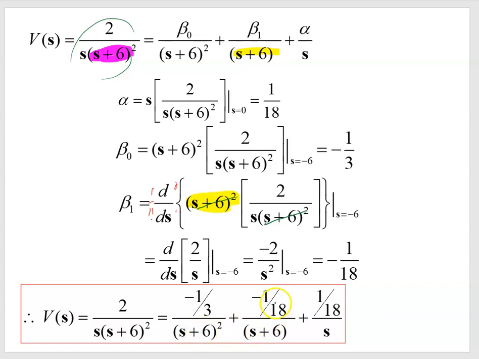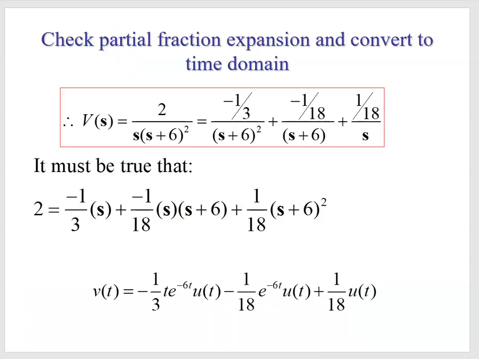Here we have just a unit step function multiplied by e to the negative 6t, and here we just have a unit step function. You should watch these videos with your Laplace transform table so you get good at using those. We would end up with that function in time domain.